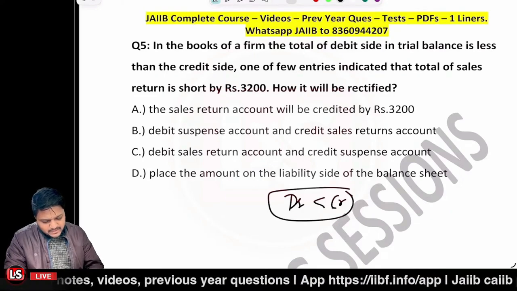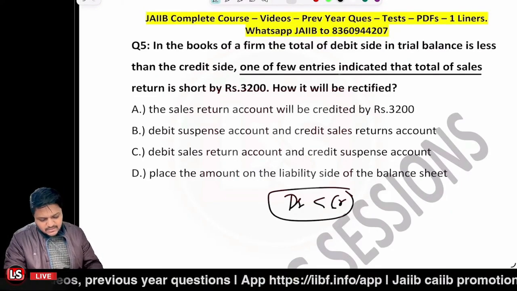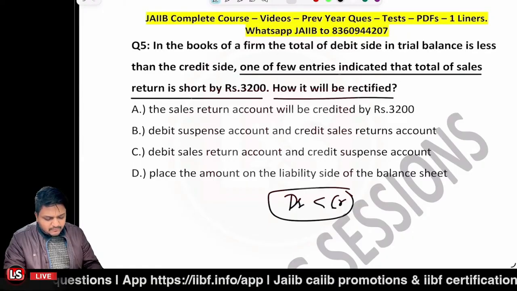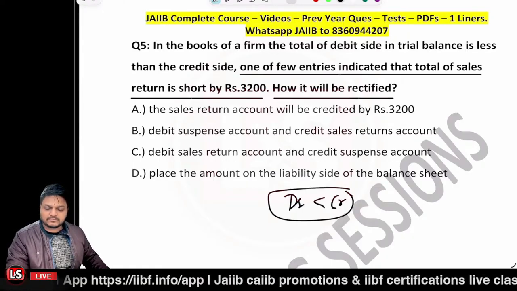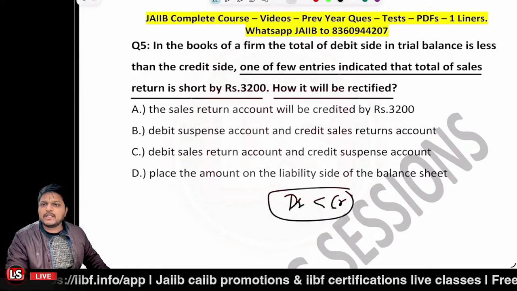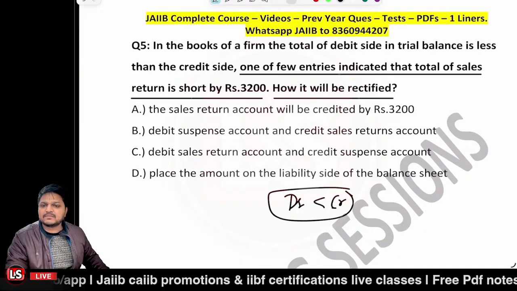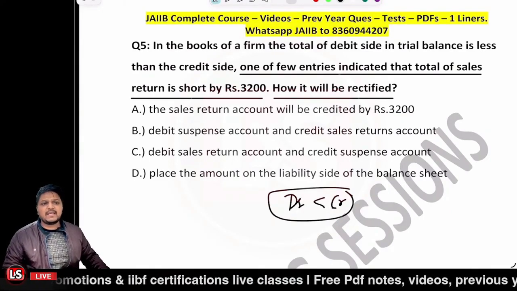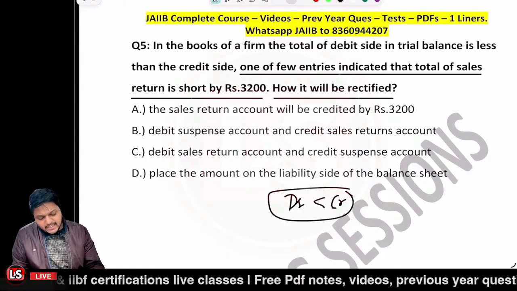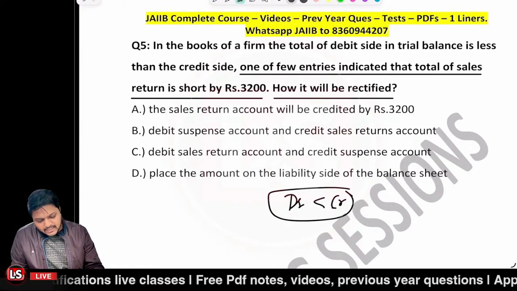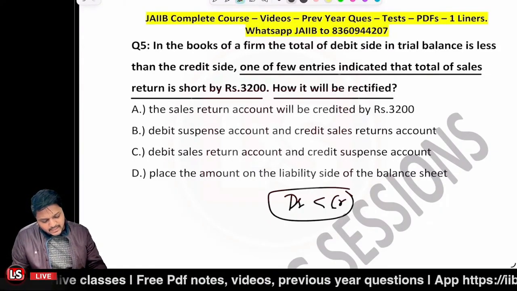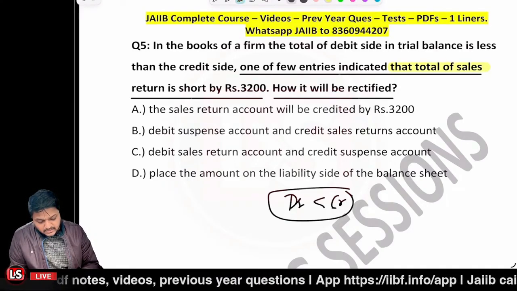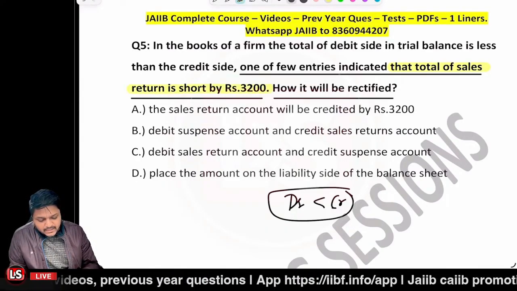One of the few entries indicated that the total of the sales return is short by 3,200. How is it going to be rectified?